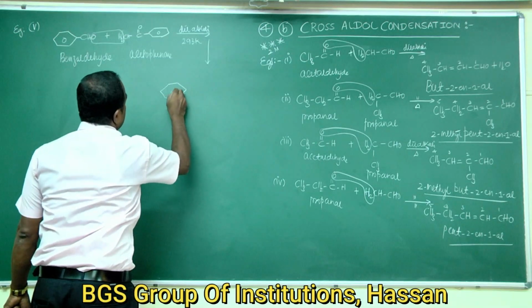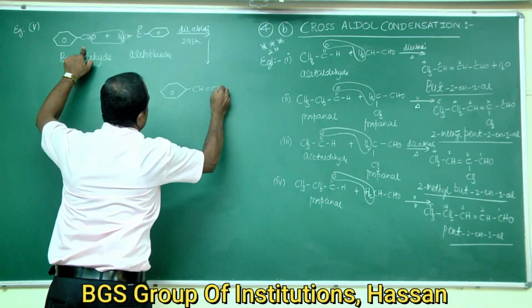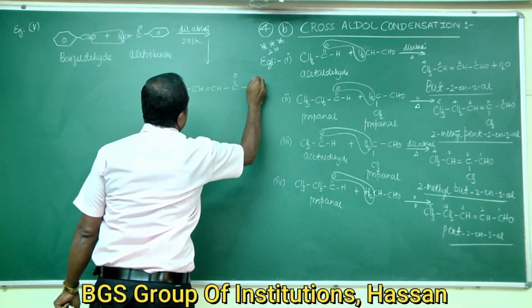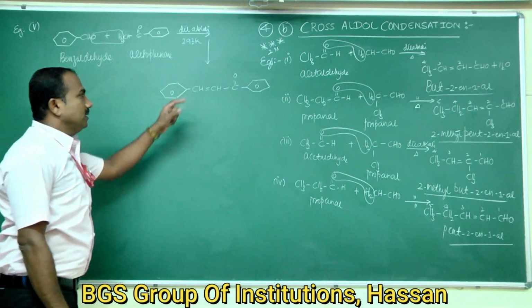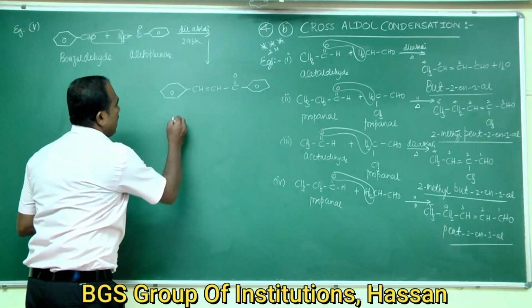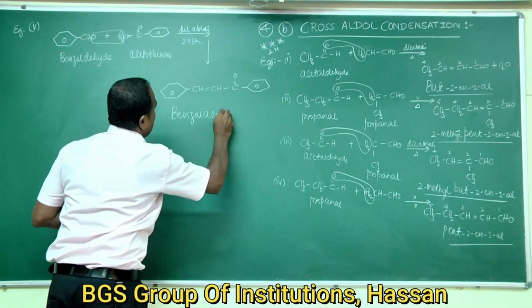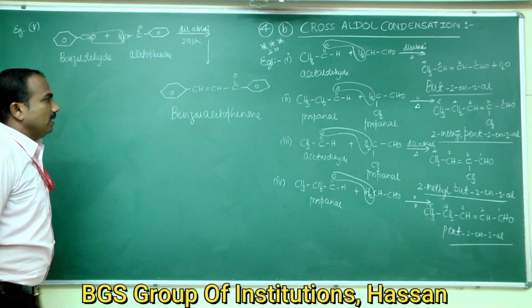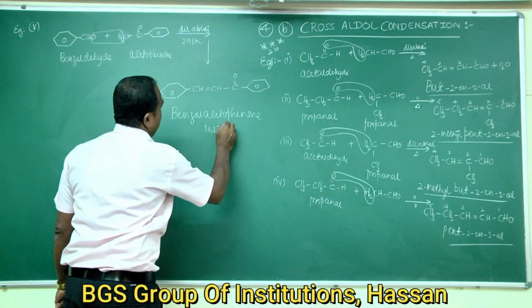That cross aldol is benzene ring connected to CH, double bond, CH, single bond, CO connected to another benzene ring. So this is the major product. The major product is benzyl acetophenone.